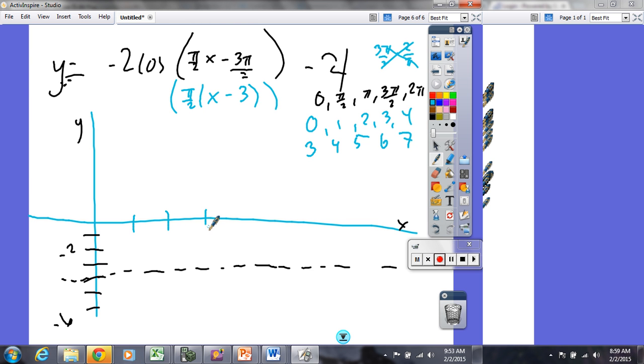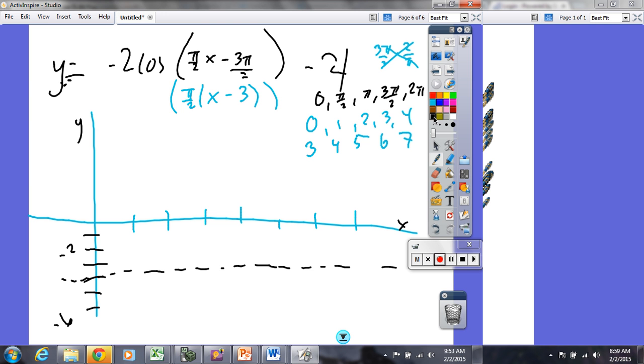One, 2, 3, 4, 5, 6, 7. Now notice, ladies and gentlemen, notice. How many cycles are we going to finish by 2 pi? Pi halves.